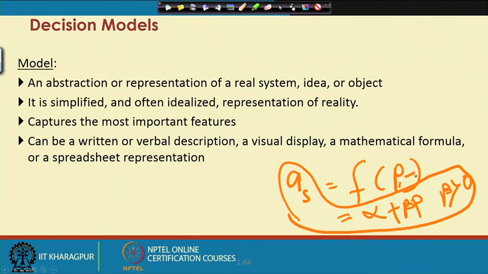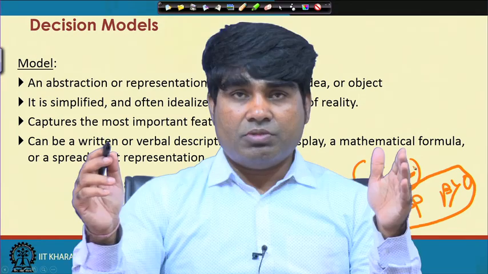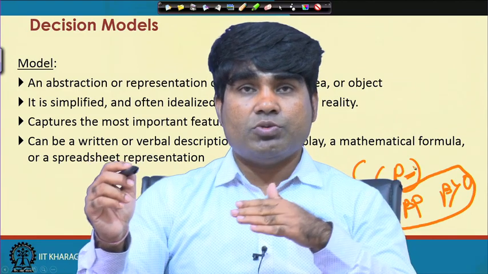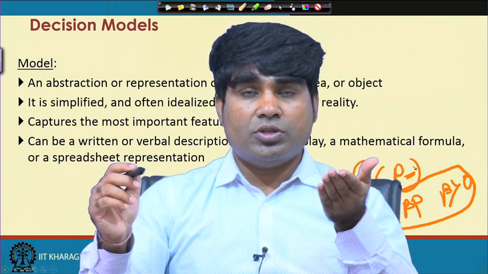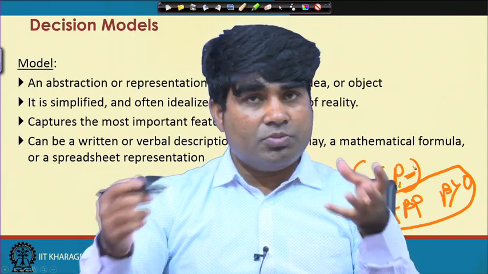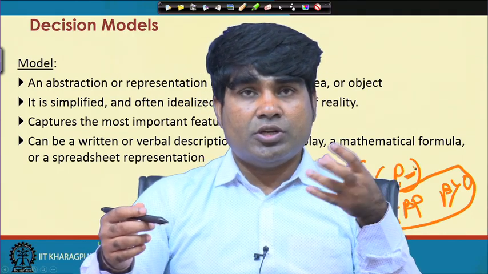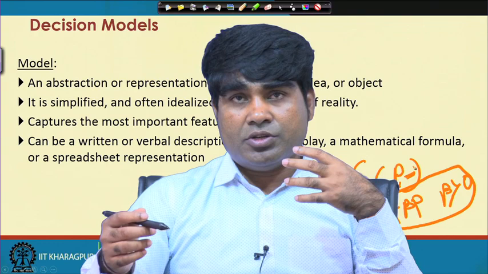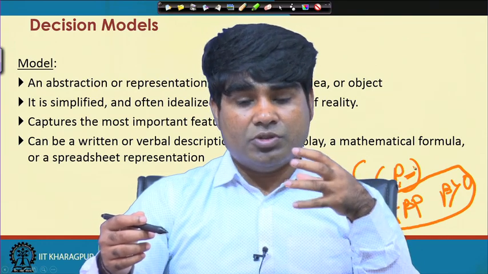There may be other factors which can also affect the quantity supplied, but since we are not taking care of other factors, quantity supplied is influenced by p. Instead of a long statement, if you simply put an equation in a mathematical format, you can interpret the same message. This is the beauty of understanding the concept called models.